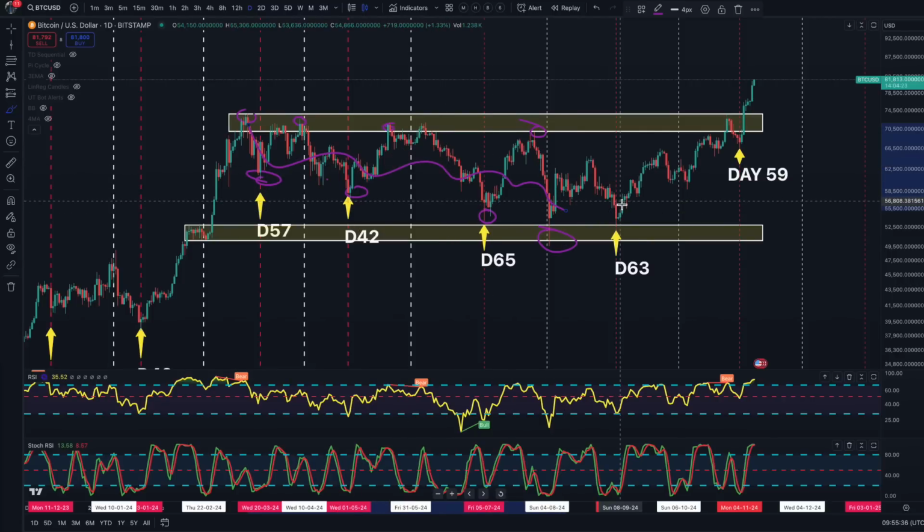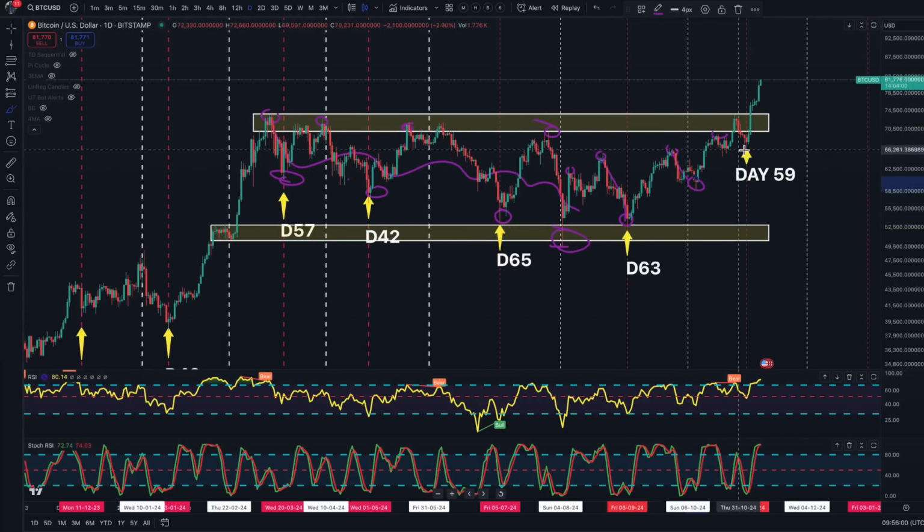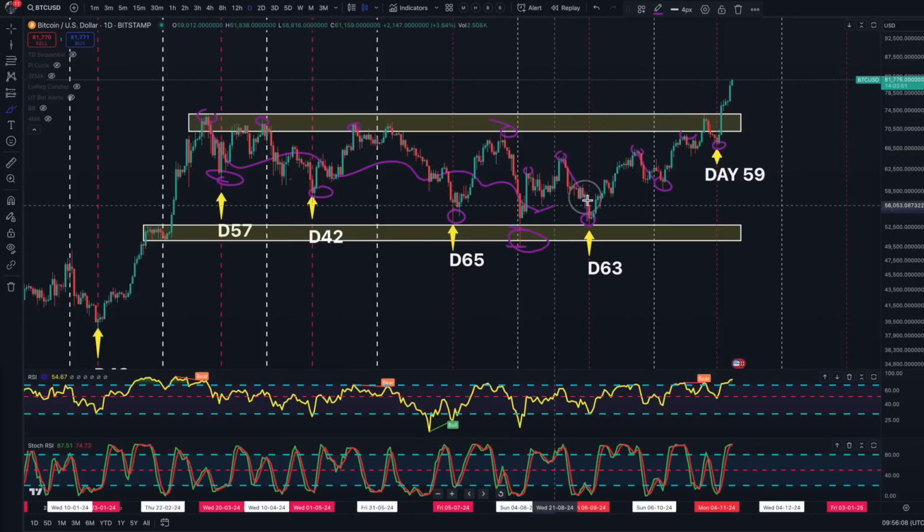And what we've noticed over the last few weeks is this change of structure. From the 49,000, we suddenly started to make higher highs along the way. And then as we've had these pullbacks, they've now created the higher lows along the way. So this was the change in structure that was quite well noted over the last few weeks.